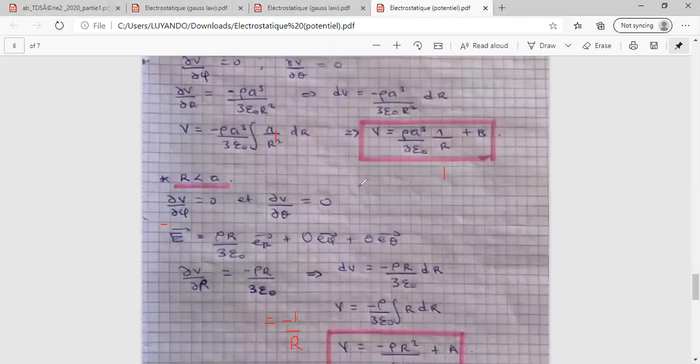So a la interior, we found that our E was equal to rho R over 3 epsilon 0 in the direction ER. So I'm going to do the same thing.